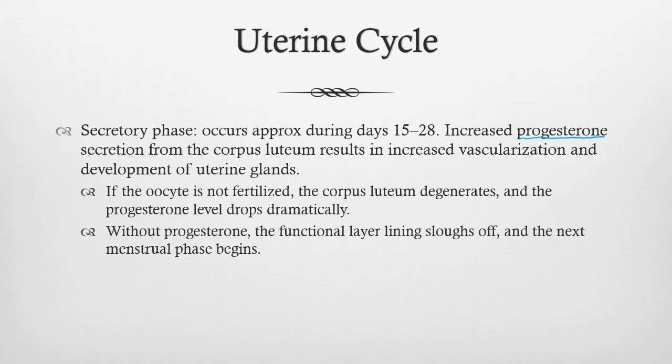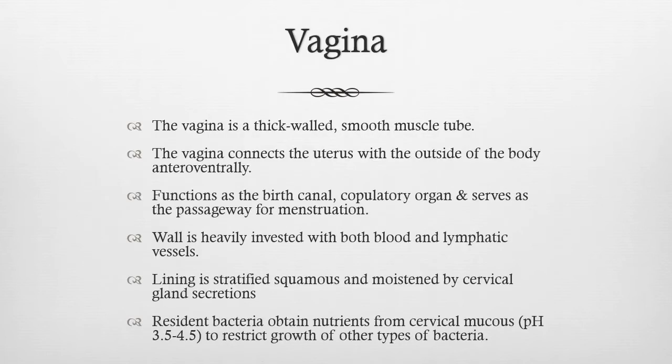It's ready for that ovum to start to come down and become implanted into the uterine lining itself. If it's not fertilized, then the corpus luteum starts to stop producing progesterone, and that functional layer is then going to start to die off. And so that's where we're then going to begin the next phase once again, and we move into the menstrual phase from there.